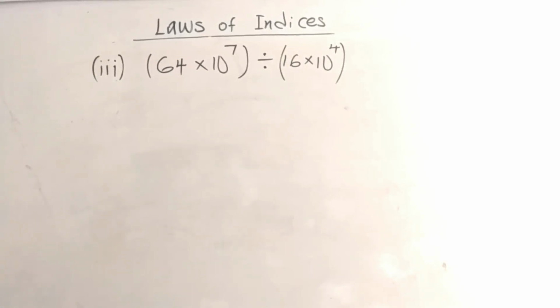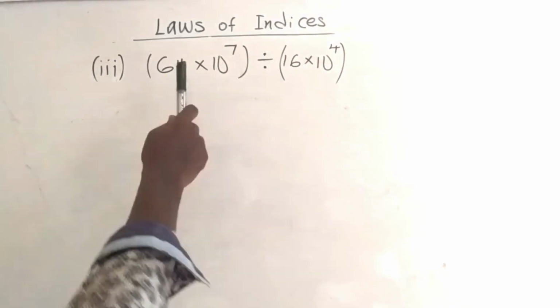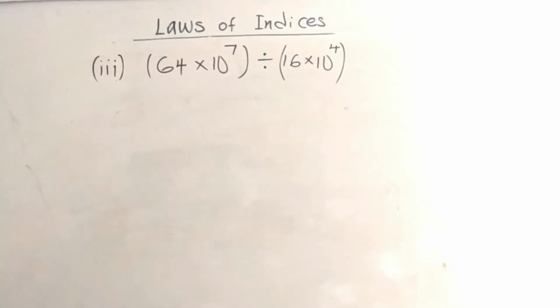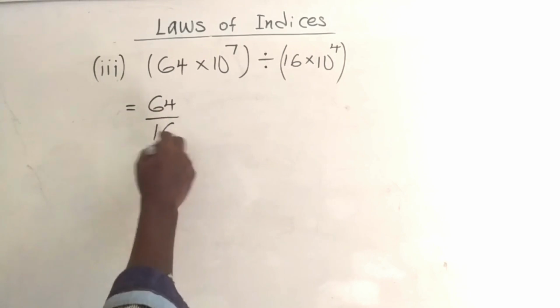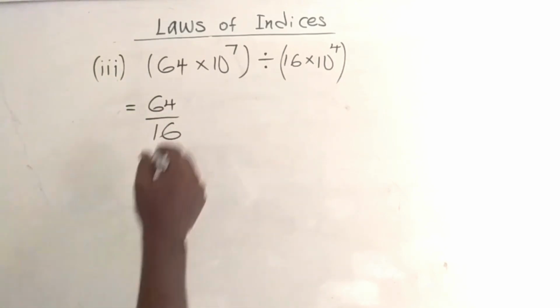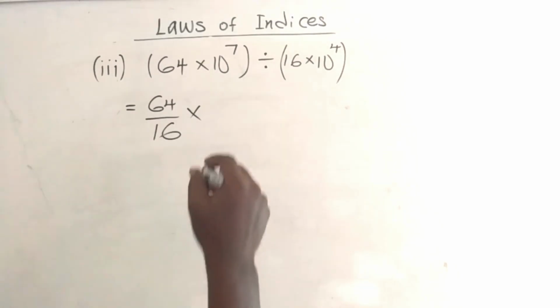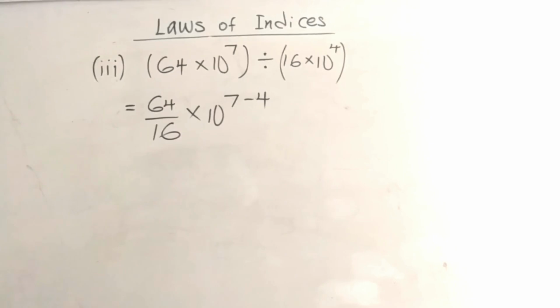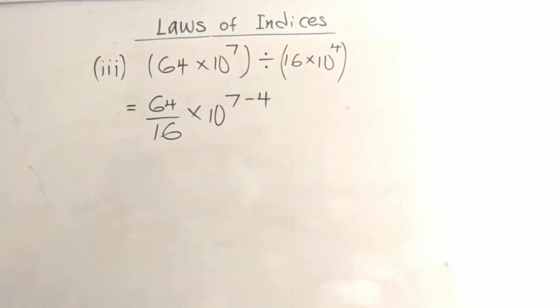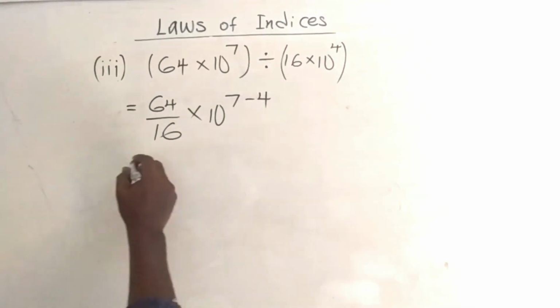Given 64 multiplied by 10 raised to power 7 divided by 16 multiplied by 10 raised to power 4. Start by dividing 64 by 16. Take the common base 10. Then subtract 4 from 7.